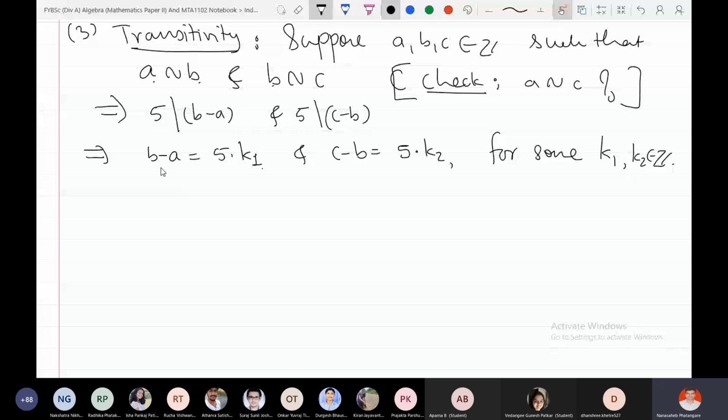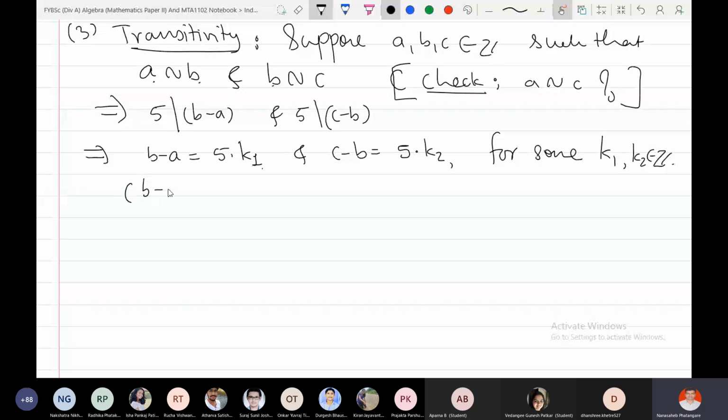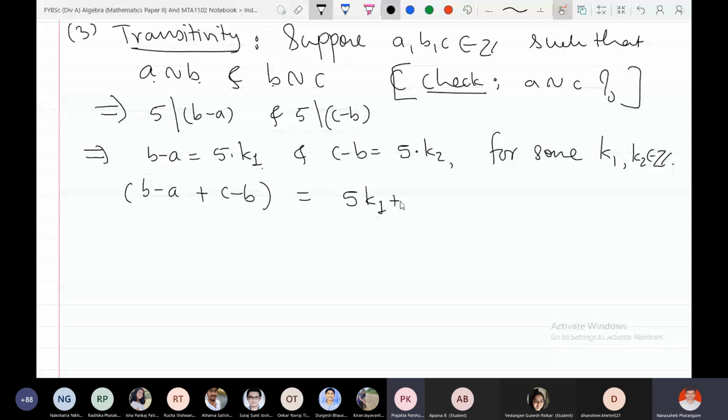Now, because LHS is equal to RHS, if you add the left hand sides, b minus a plus c minus b, can we add the right hand sides? Yes, sir. 5k1 plus 5k2, that is 5 times k1 plus k2.